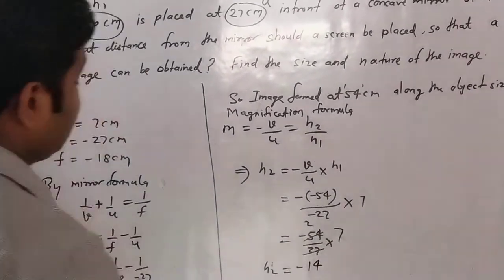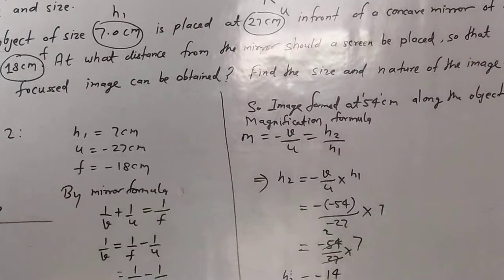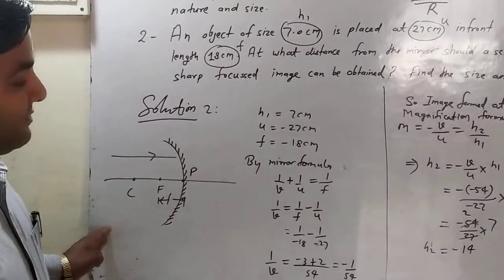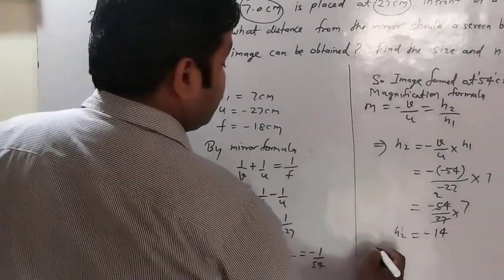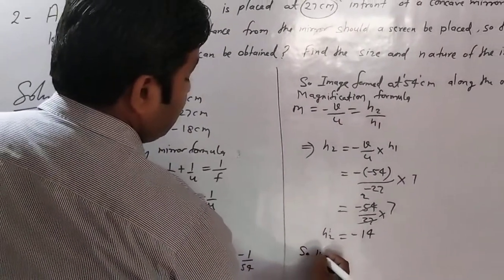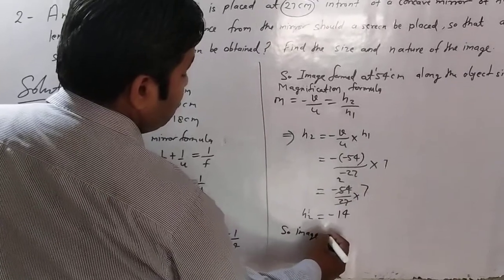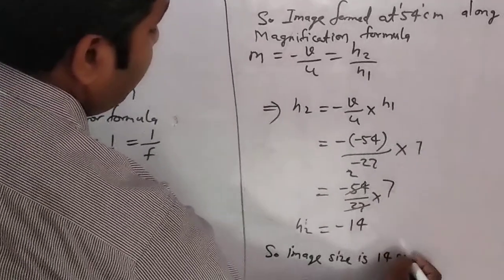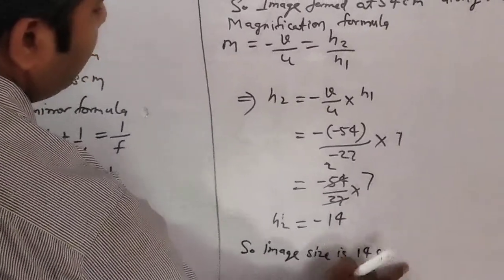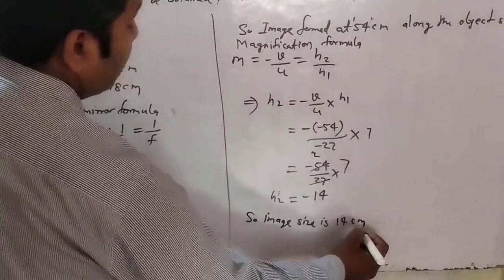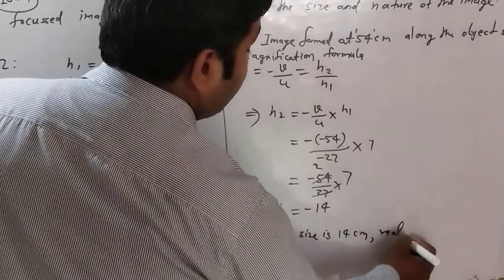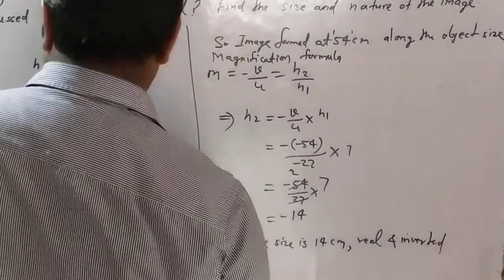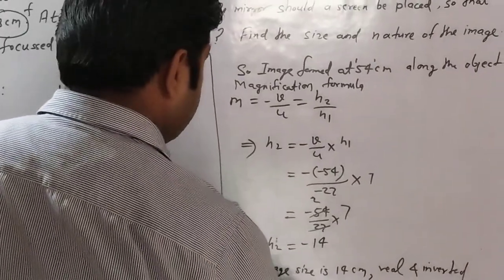h2 is equal to minus means what? That lies below the principal axis. It means the image will form just below the principal axis. It means real and inverted. So image nature: image size is 14 centimeter, real and inverted, and also larger than the object size.